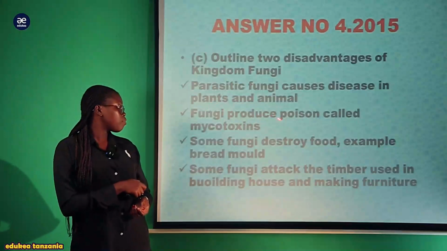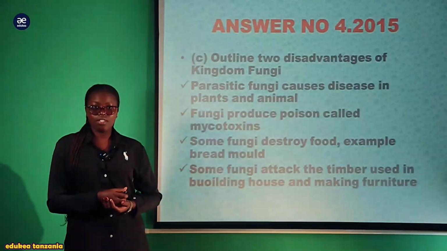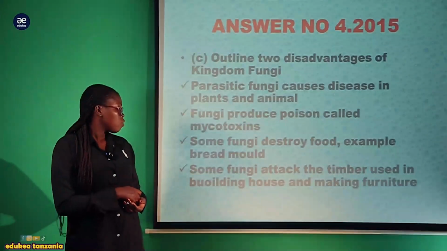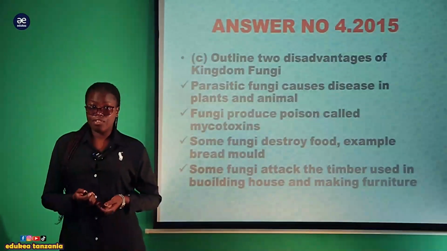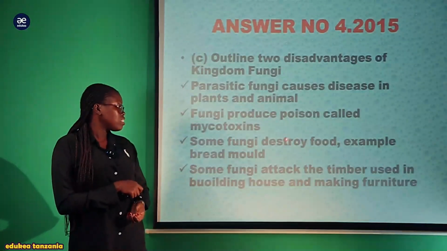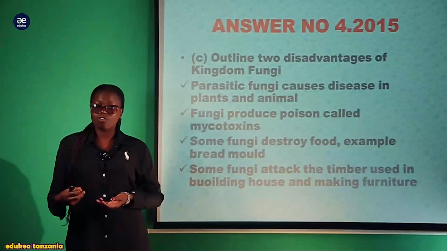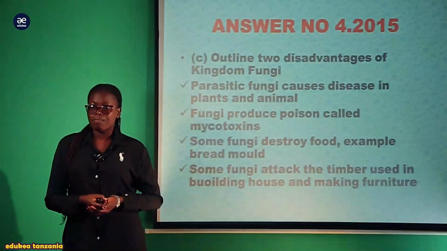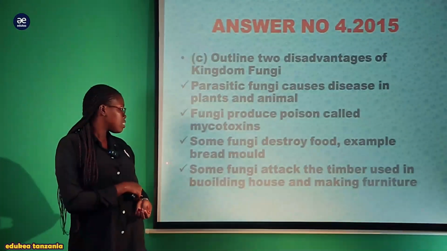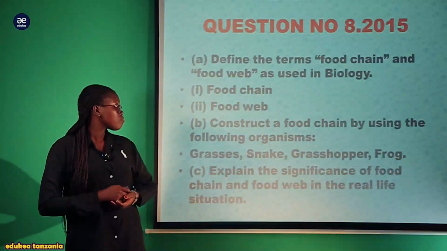Vile fungi produce poison called mycotoxin which are very dangerous. Kwa mfano mushroom, kuna baadhi ambazo haziliwi, meaning that they are toxic. Vile some fungi destroy food, example kuna bread mold. Kuna baadhi ya fungi wanaharibu vyakula, wanauzisha chakula, kwa mfano this bread mold. Vile some fungi attack the timber used in building houses and making furniture.